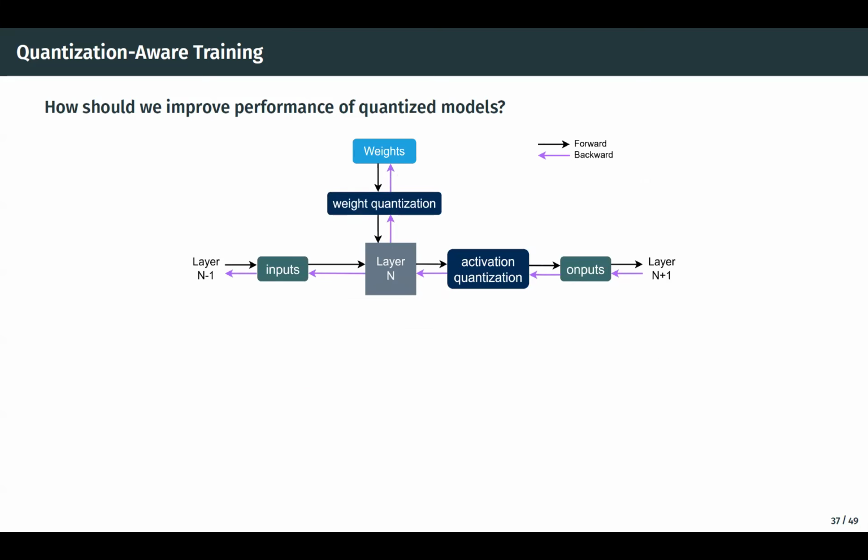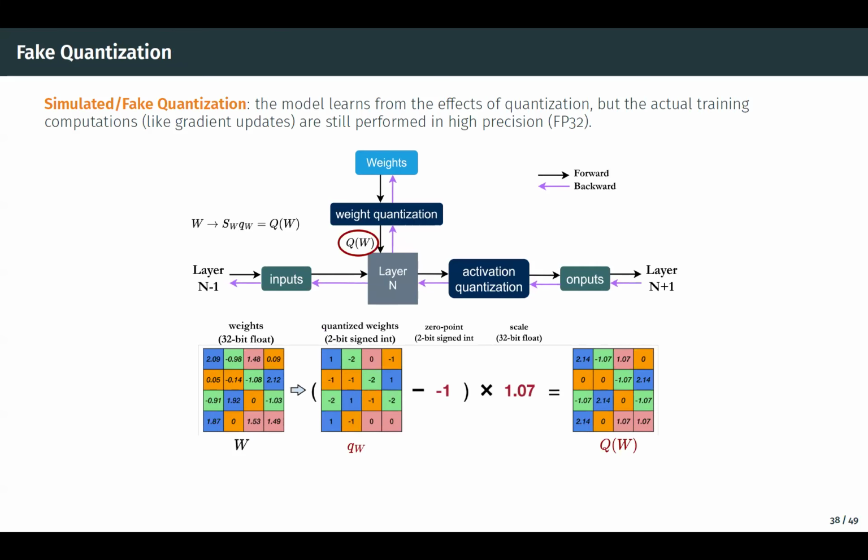So how do we improve the performance of the quantized model? In quantization-aware training, of course, we have to introduce this activation because we have to factor it in during training. How do we train a model? We use a gradient descent algorithm, which finds the derivative of these weights and activations. But we know that the derivative of any discrete set of numbers is 0.